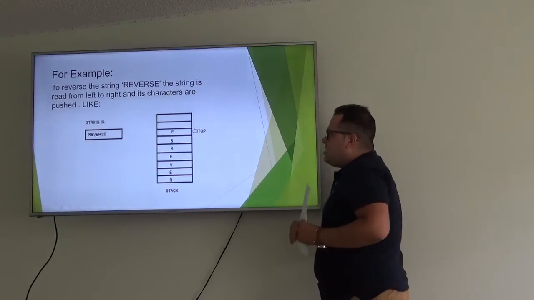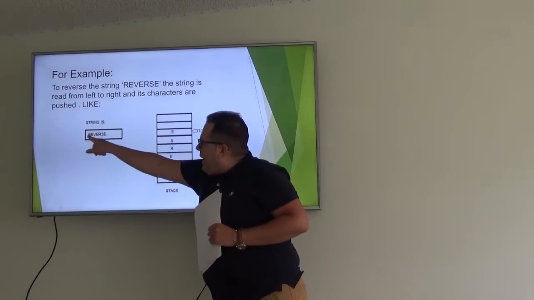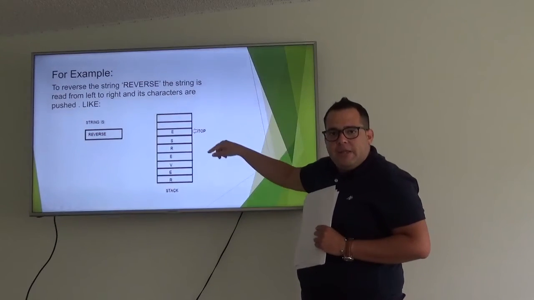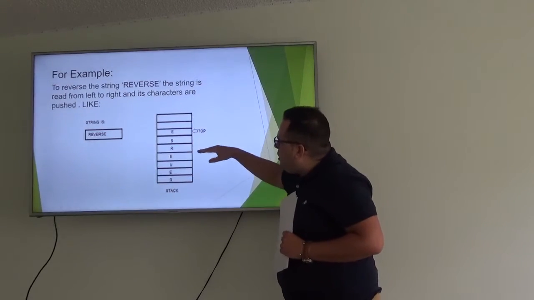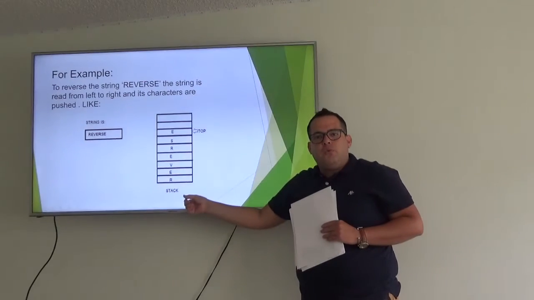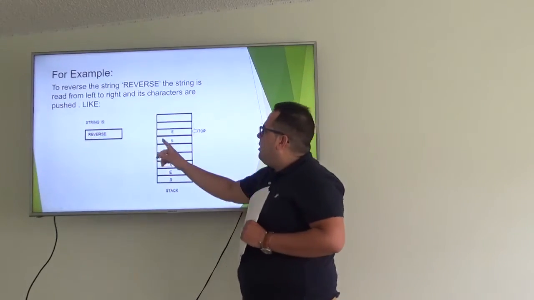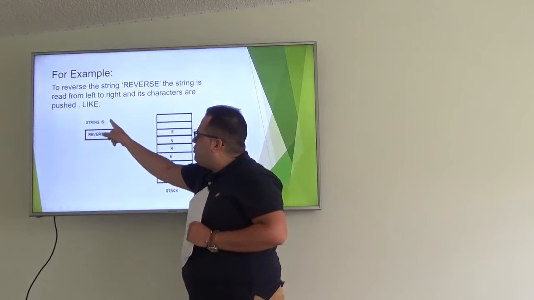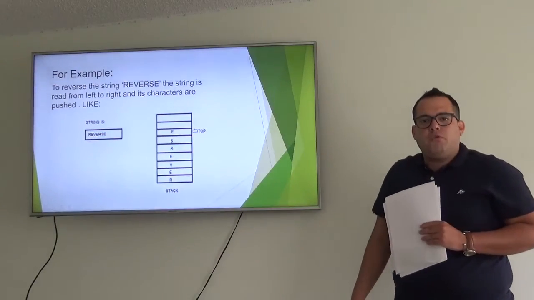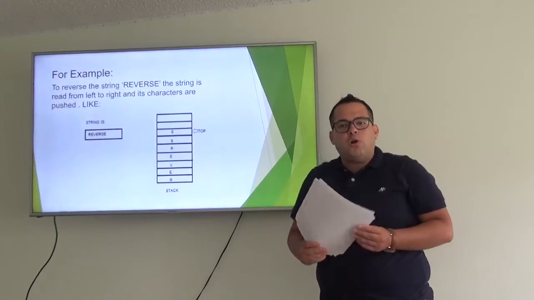The last one is E, pushed onto the temporary and added as the first element of the array, and we repeat that algorithm until the end of the stack. In the final result is an array with the information of that string. In this case, it is the word REVERSE.